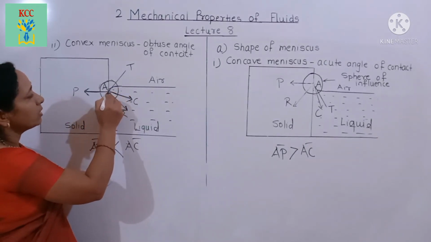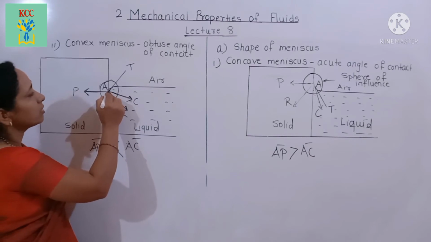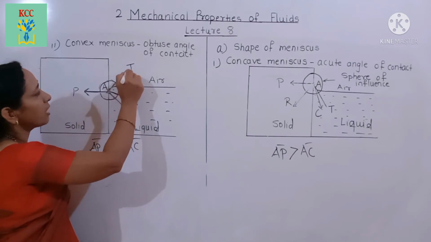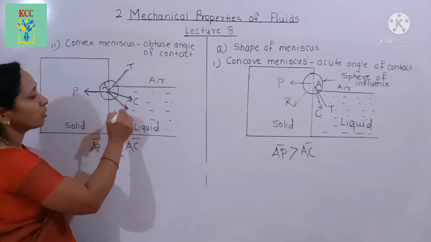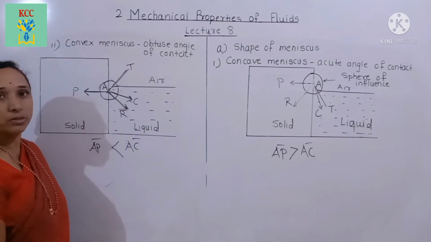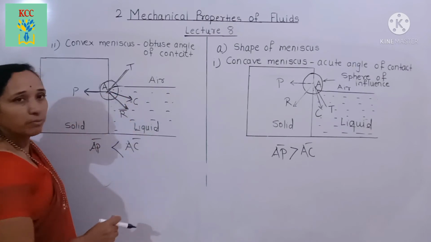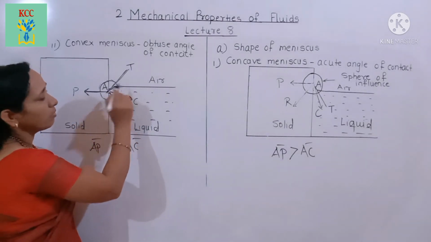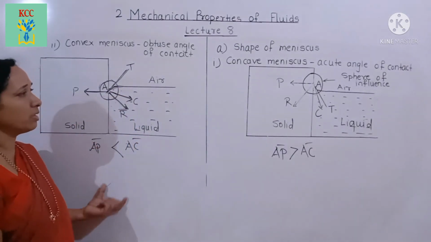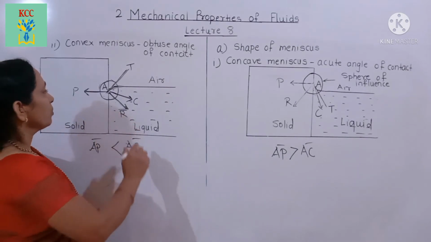Following this molecule, here this tangent, that is AT, is the tangent, and it becomes perpendicular to this resultant force, and therefore here the meniscus becomes convex. In this way, here is the obtuse angle.